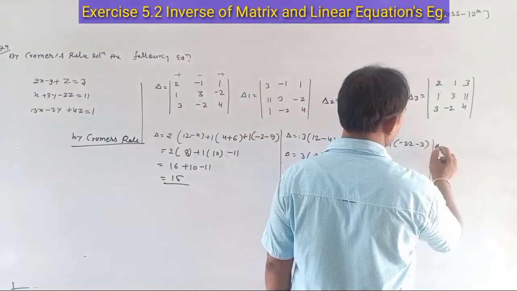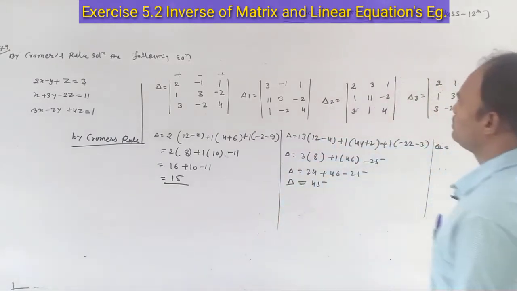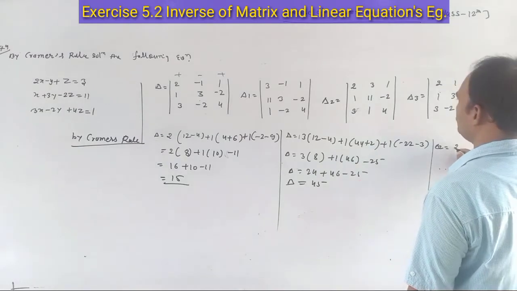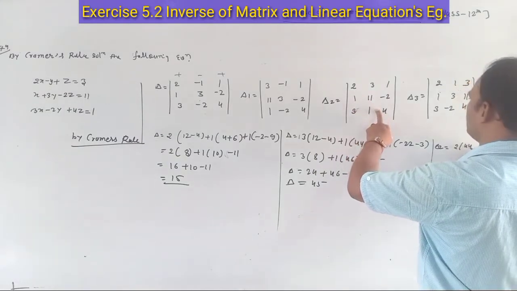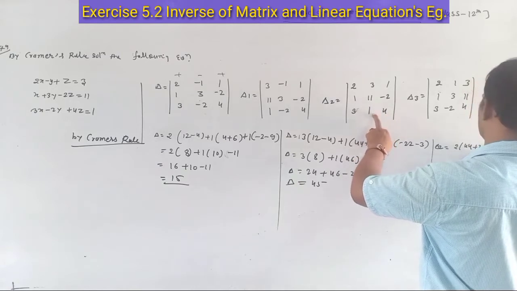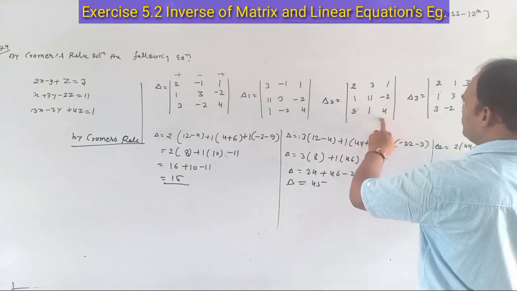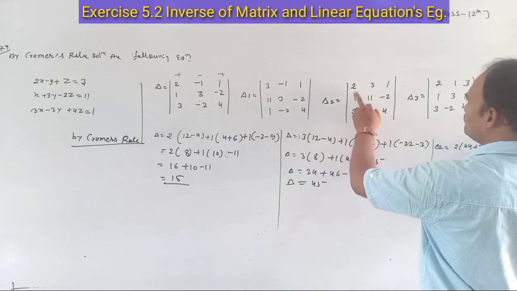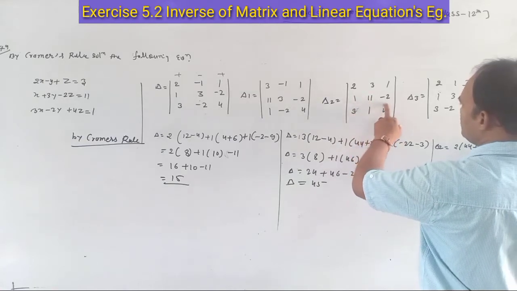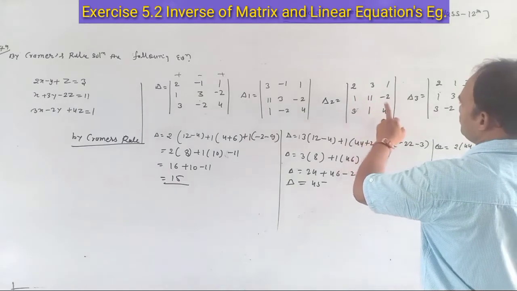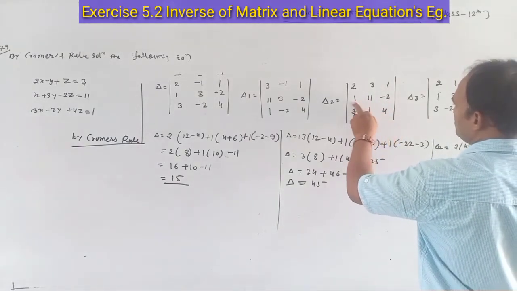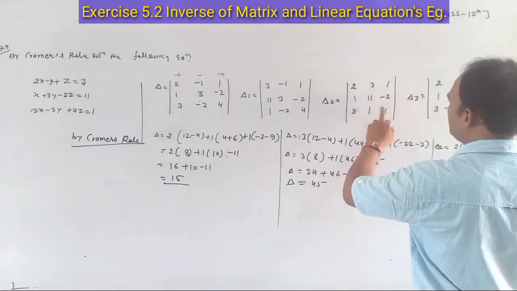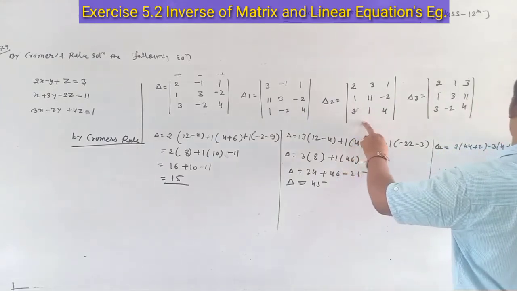Now delta 2. Delta 2 equals 2 times 44 minus 2, minus 3 times 4 minus 3, plus 1 times 1 minus 33.